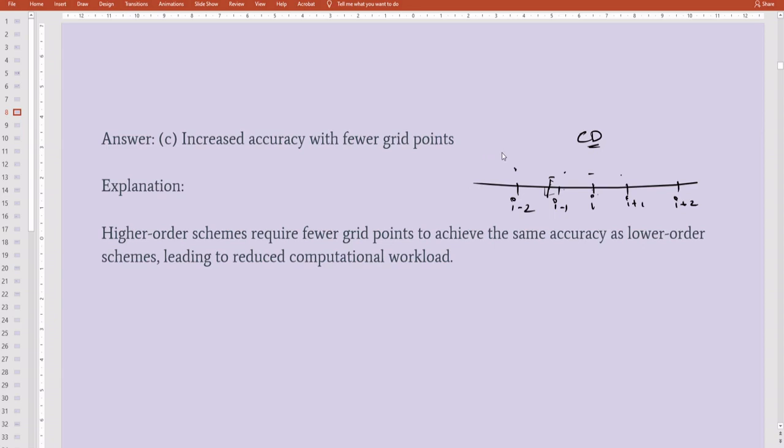Whereas if we use higher order schemes, almost this accuracy can be achieved with fewer, that is three, and the point and two neighbors can itself give higher accuracy. Whereas in lower order schemes, we may have to consider more and more of the neighbors.